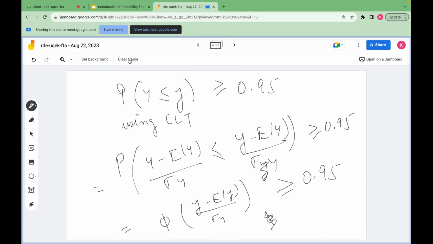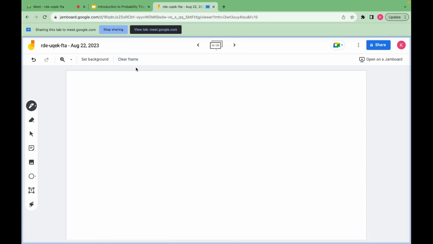Now we will move to the next. So now we will try to see a few questions on this convergence part.